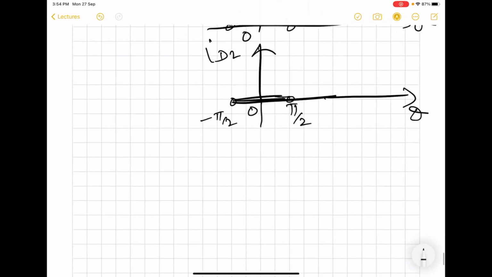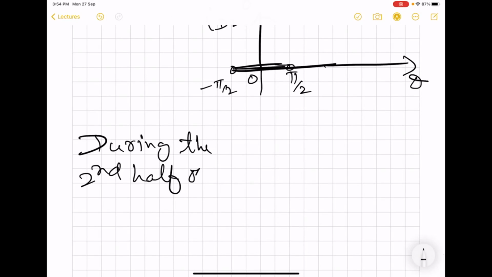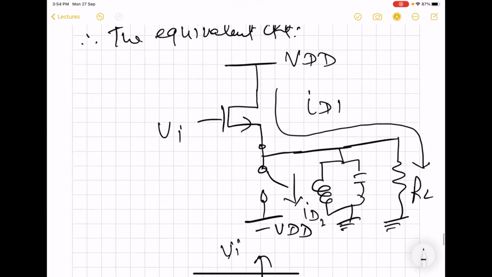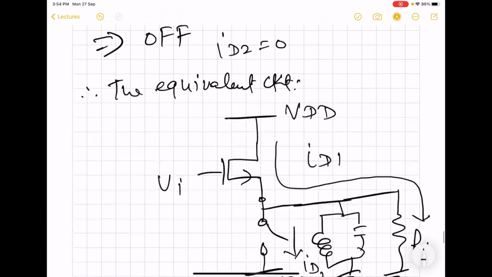Right. Now during the second half, input is negative, less than 0.